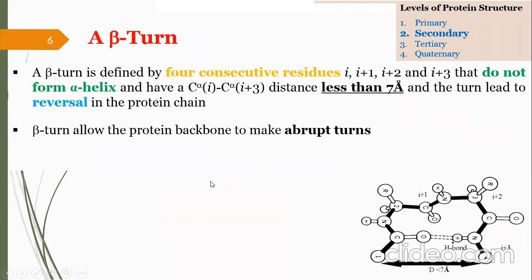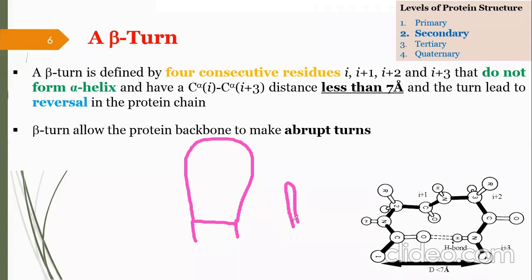So that will mean if the bonding between I and I plus 4, this interaction is more farther, and here in beta turn it will be nearer, like it will be like this, the 3rd residue. So it will be the 1st and the 5th residue, and this will be the interaction between the 1st and the 4th residue. So that will abruptly turn the sequence actually.